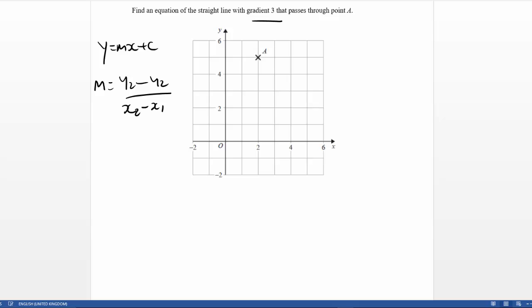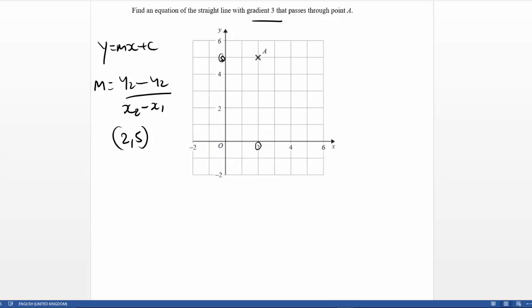Minus x1, okay, that's just for notation there. So we know that the gradient is 3. We've already got some coordinates here. X here is 2 and y is 5. So we've got 2 and 5 for our coordinates.